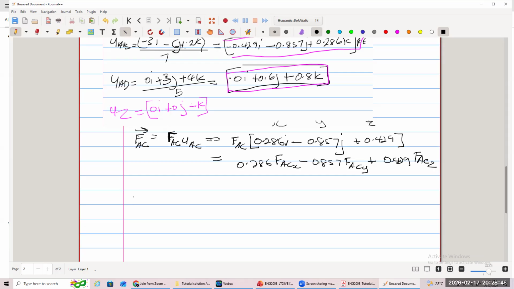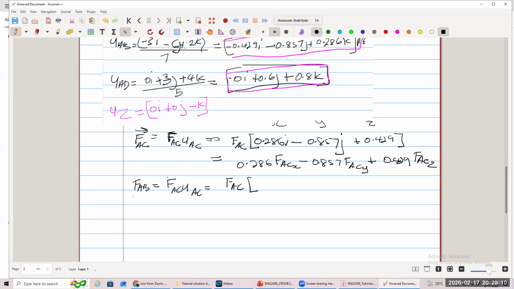You remember that? So for the next line, it will be F_AB, the scalar value times the unit vector of the line. What we don't know is the force, but we have the unit vector of the line.